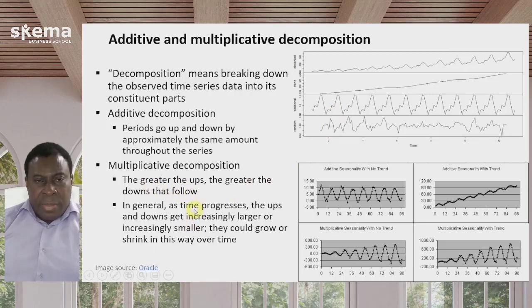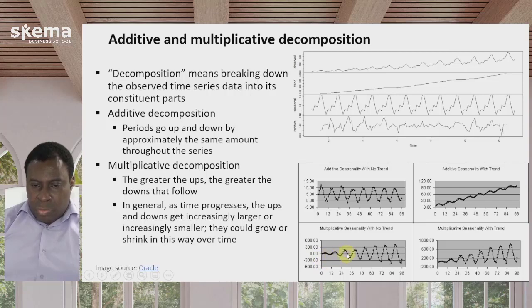With multiplicative decomposition, when the ups come, each subsequent up goes higher. If an up is bigger, then the next down is correspondingly bigger. If an up is smaller, then the next down is correspondingly smaller.